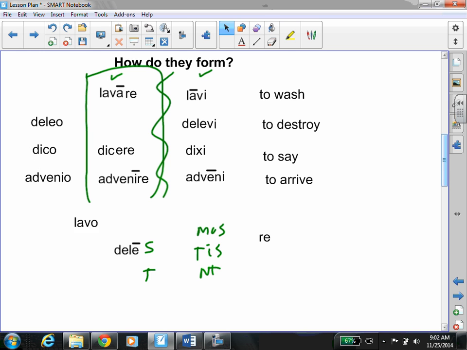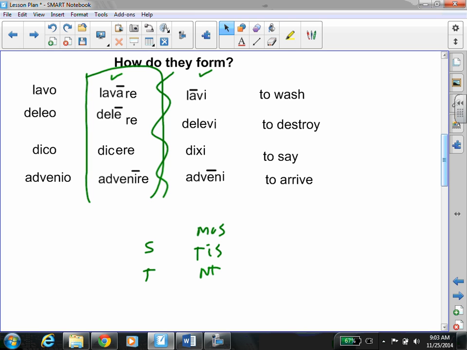Now, deleo would go right here. So I destroy, you destroy, delet, he destroys, delemus, we destroy, y'all destroy, they destroy. So this one starts us off, and then this stem right here finishes us.